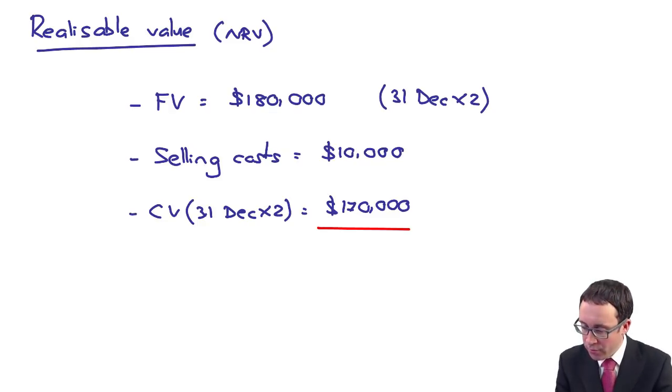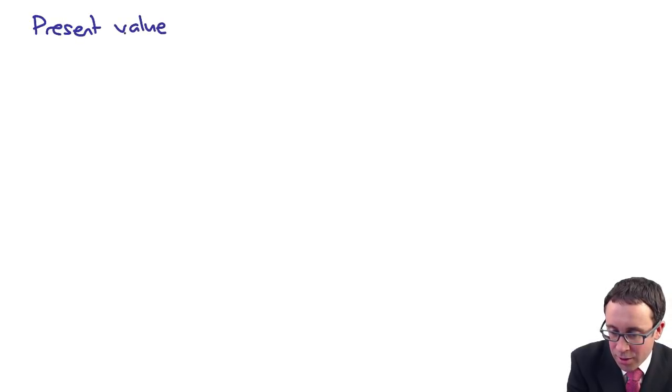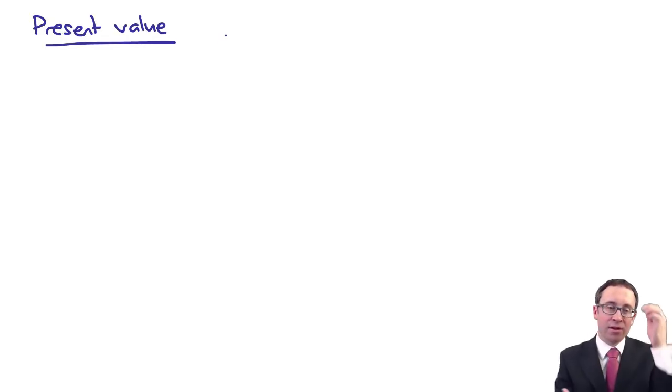The other option that we've got to measure the value of this asset, this property, plant and equipment, is to use your present value. So effectively that's your discounted future cash flows.